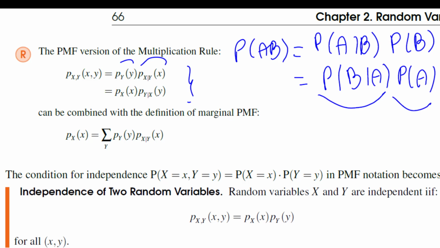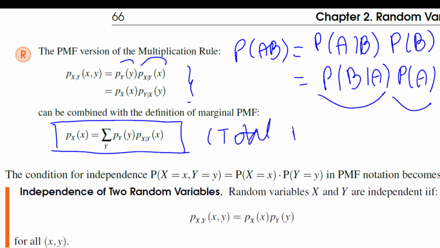Similarly, if we computed the marginal of x in this case, we would have this summation, and this equation right here would be the analogous of the total probability rule that we saw in chapter 1. Now here we just call it calculating the marginal, but underneath you can see we recover kind of the same result.